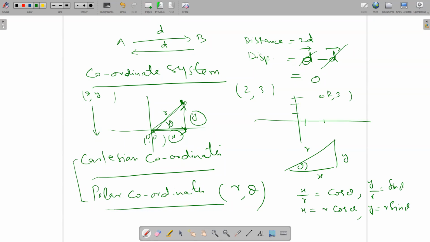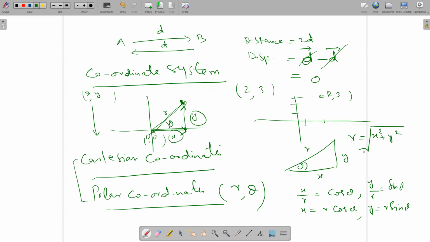If we know r and theta, we can find the x and y values. And r you can find from the Pythagoras theorem: r is equal to the square root of x squared plus y squared. This is our r value.